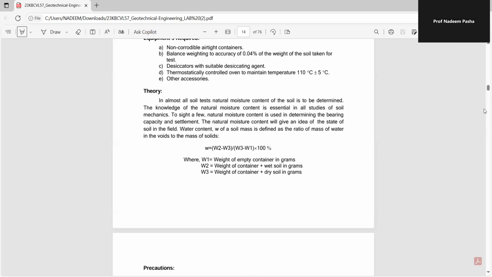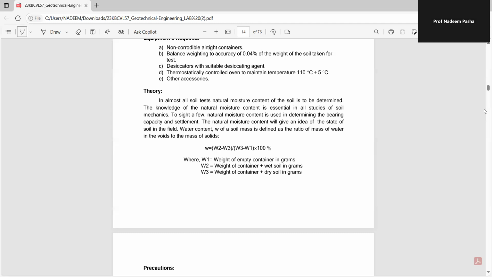If you compare this apparatus with the earlier experiment, the apparatus here is more. Earlier we used only a pycnometer density bottle, but here non-corrodible containers, that is, the containers should not be subjected to corrosion, and airtight containers. Next, a balance weighing to an accuracy of 0.04% of the weight of the soil taken for the test.